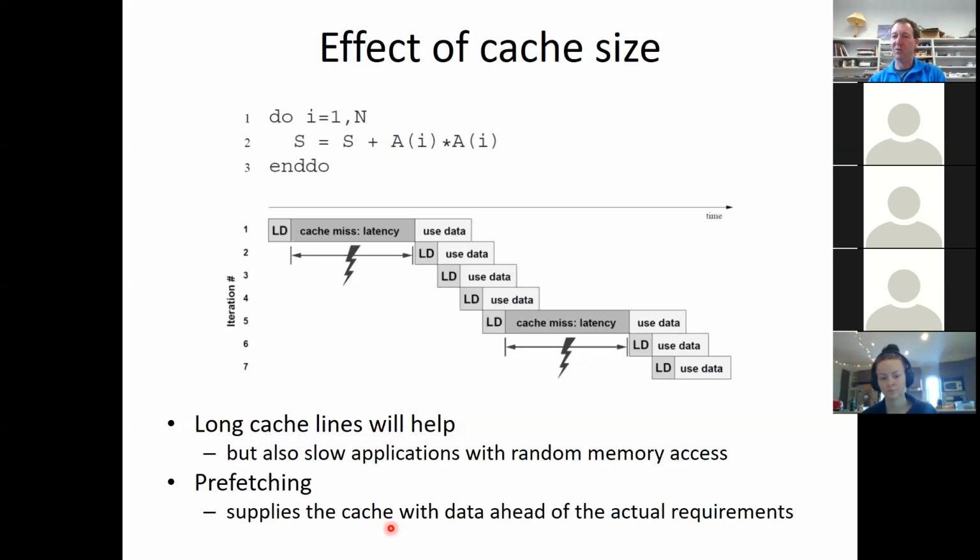So if the cache is used, there are also some betting schemes that the next cache line will be accessed very soon, and therefore it is already prefetched. These are extra optimization or hardware features which can also help to reduce the latency of a cache miss.